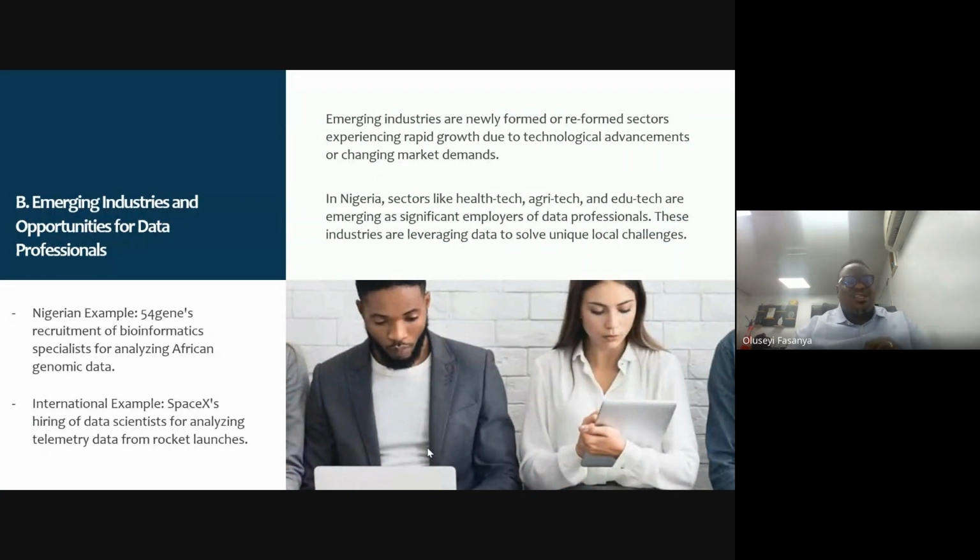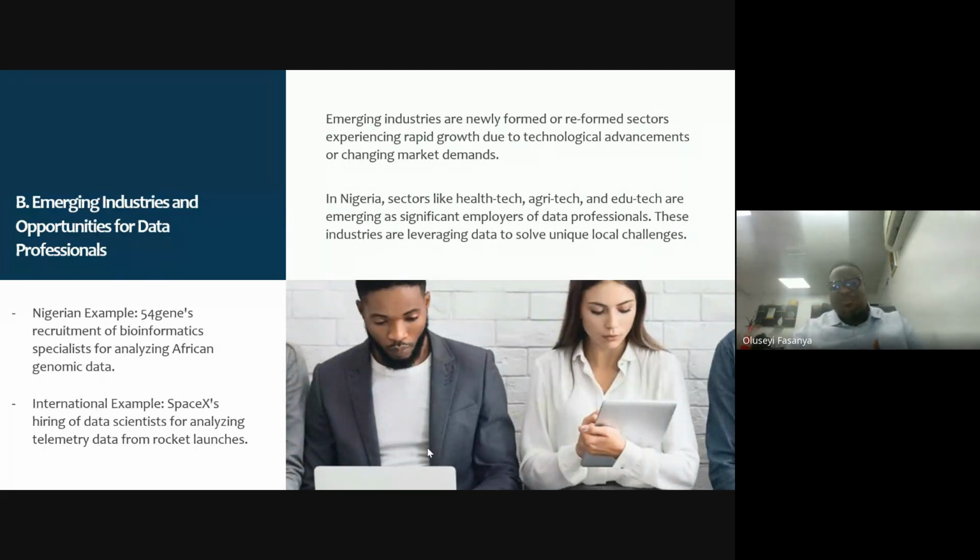So what are the emerging industries and opportunities for data professionals? Emerging industries are newly formed or reformed sectors experiencing rapid growth due to technological advancement and changing market demand. And like I said, changing market demand is quite critical because organizations are really beginning to realize the key value brought on board by data professionals.